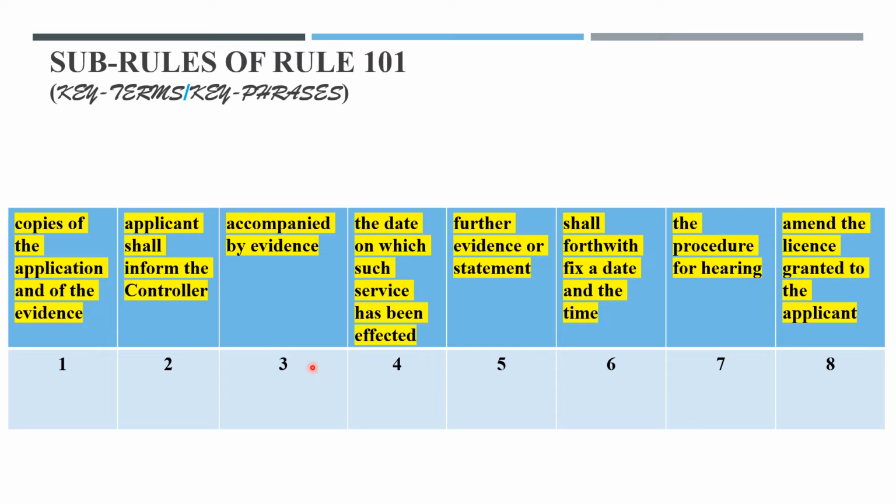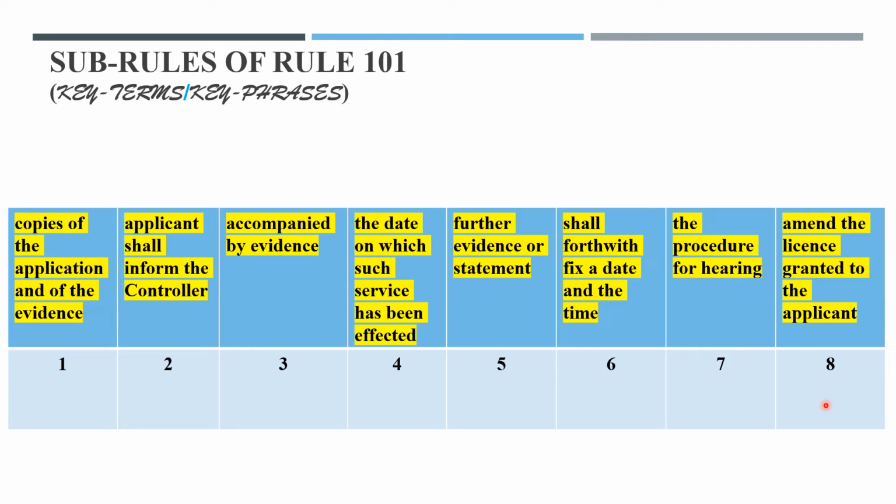For subrule 3, this is accompanied by evidence. For subrule 4, the key phrase is the date on which such service has been effected. For subrule 5, the key phrase is further evidence or statement. For subrule 6, the key phrase is shall forthwith fix a date and the time. For subrule 7, the key term is the procedure for hearing, and for subrule 8, the key phrase is amend the license granted to the applicant.